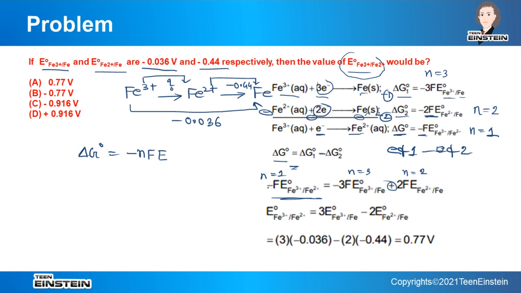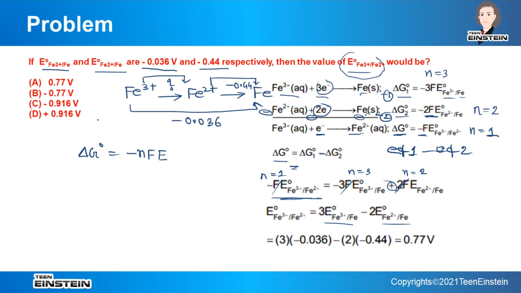You can also take the negative sign common, and finally F will be cancelled from both sides. So we are left with 3 into the reduction potential value of Fe3+/Fe system minus 2 into the reduction potential value of Fe2+/Fe system.